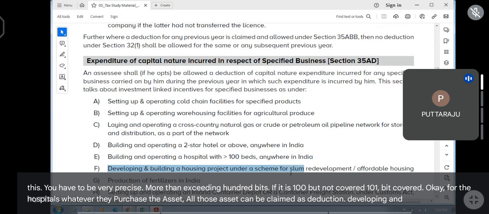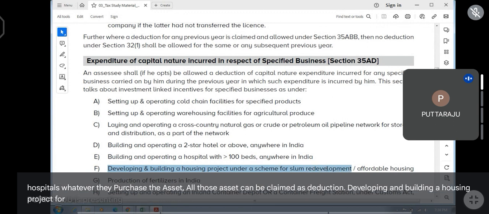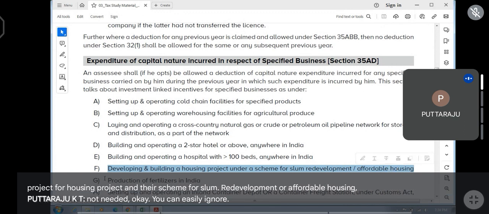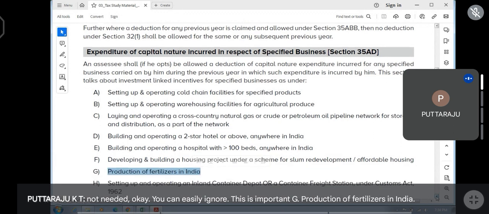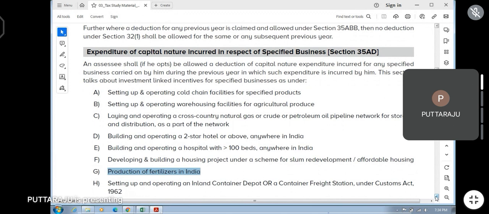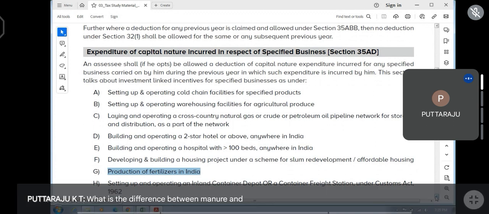Developing and building a housing project or a scheme for slum redevelopment or affordable housing, not needed. You can easily ignore. This is important, G: production of fertilizers in India. What is the difference between manure and fertilizer?